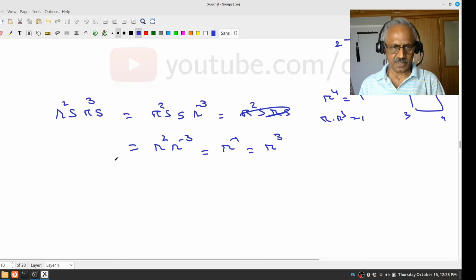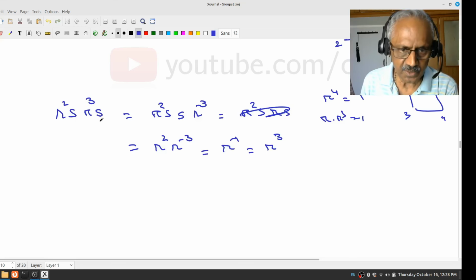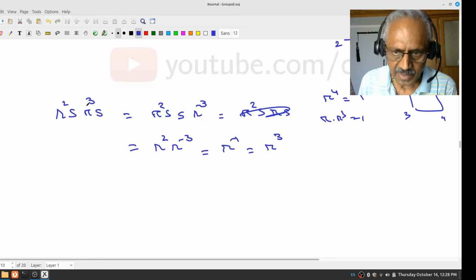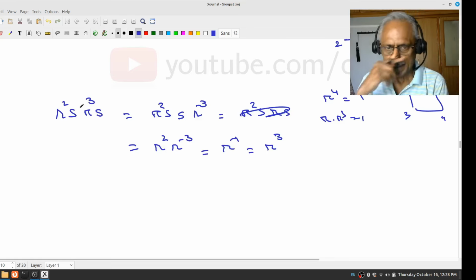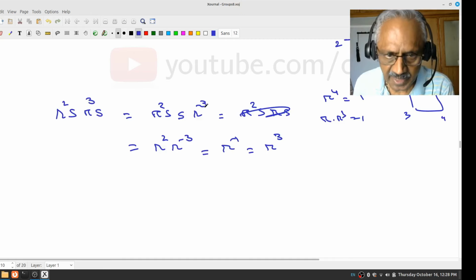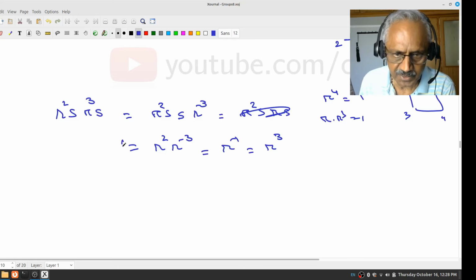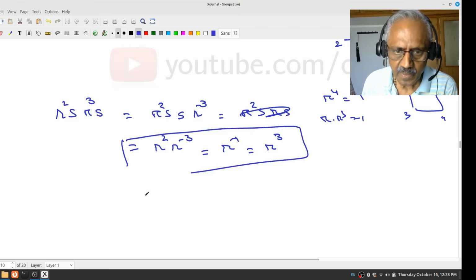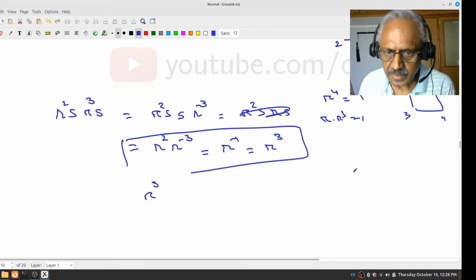Let's make sure it's correct. R squared s into r cubed s is s into r to the power minus 3, but that is 1, right? So r to the power 1. I may be making a mistake. Let me just make sure I'm doing it correctly.